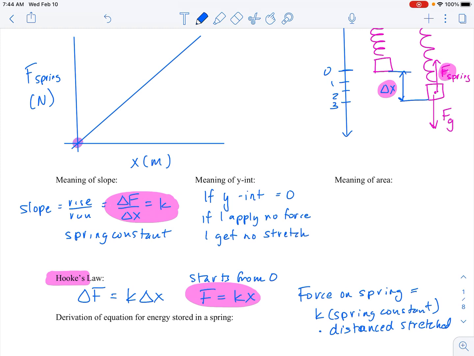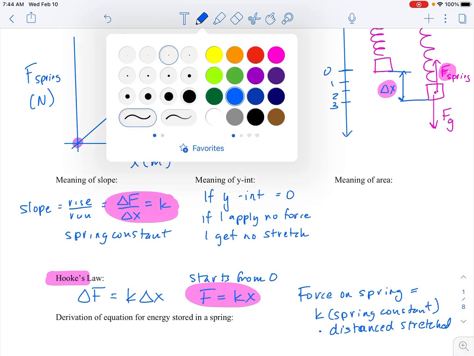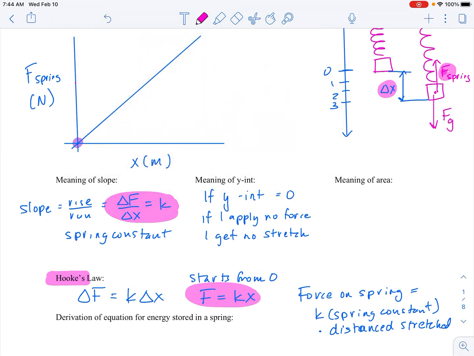There are springs that don't start stretching until you put a minimum amount of force on them. So there are springs that have a y-intercept that is non-zero, but in this class we're not going to talk about those springs. If you go on and study more physics and engineering, you certainly can learn more about those.